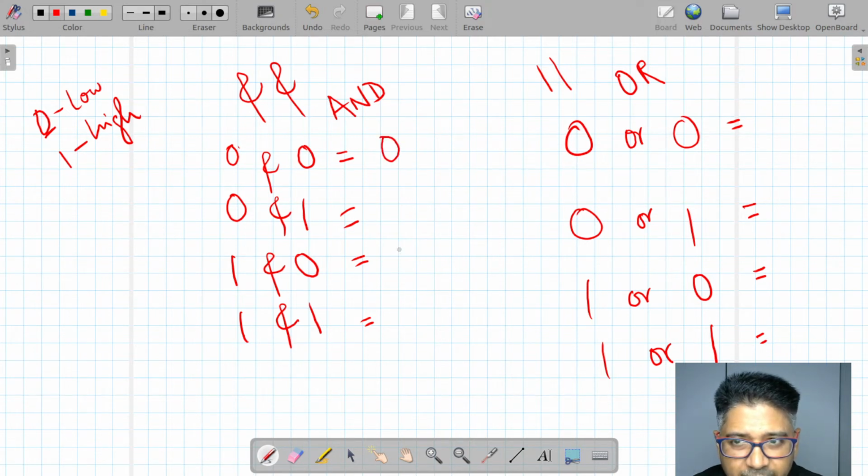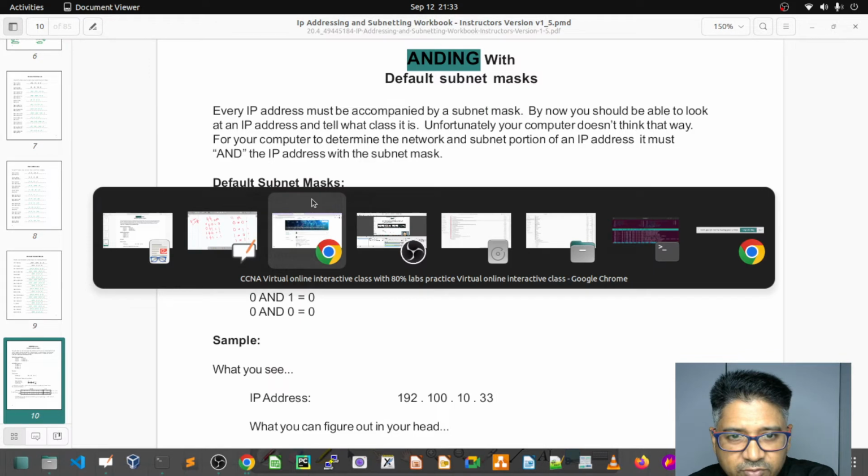And if anyone is 1, in 0 and 1 or 1 0, any one high makes it always high. Anyone high means always high. So here both are high.